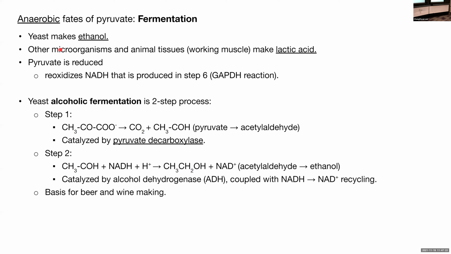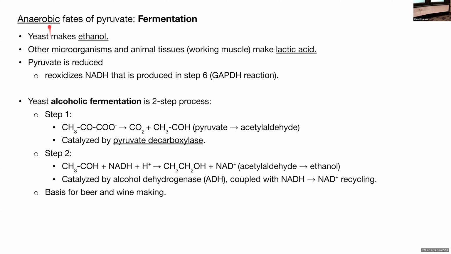And also other microorganisms and animal tissues, especially actively working muscles, can process this pyruvate to make lactic acid or lactate. Lactate and lactic acid are different molecules, but they end up becoming the same molecule and product eventually as lactic acid, which is again kind of toxic, making the muscles cramp.